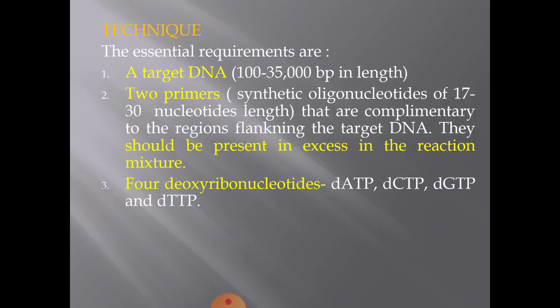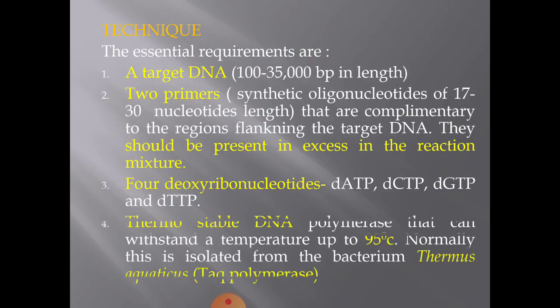Then you need, of course, deoxyribonucleotides, which are the building blocks of DNA, that is dATP, dCTP, dGTP and dTTP, right? These are the 4 building blocks or monomeric units which go into the formation of DNA molecule, right? Then most important thing is you need thermostable DNA polymerase.